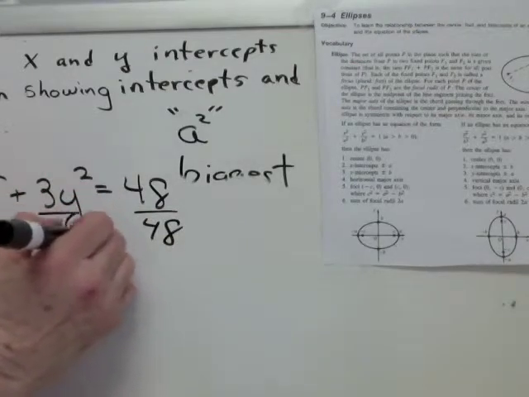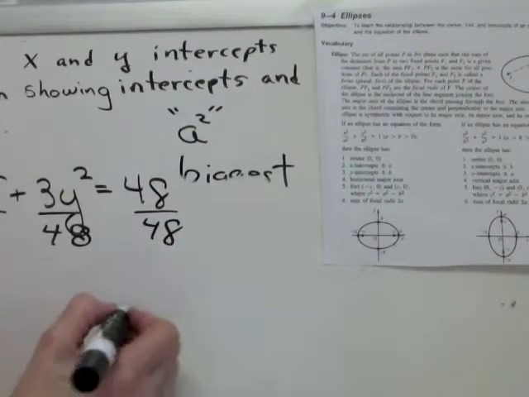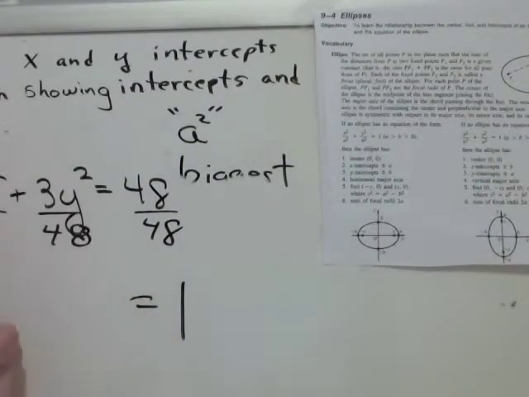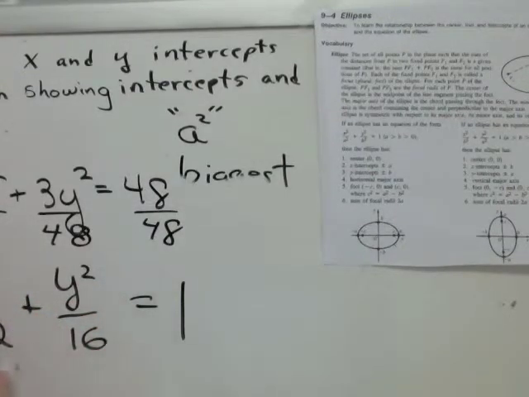No big deal. We know how to do a little basic algebra, right? So, now we're going to reduce everything. That side was easier. All right, 4 into 48, 12. So, x squared over 12 plus y squared over 16 equals 1. So, which one is the a squared? The biggest number. So, a squared is 16, a is 4. b squared is 12.